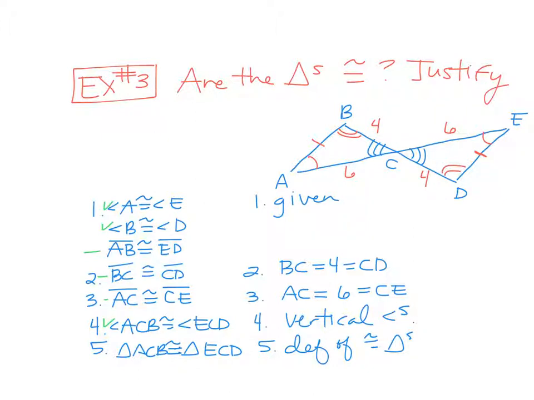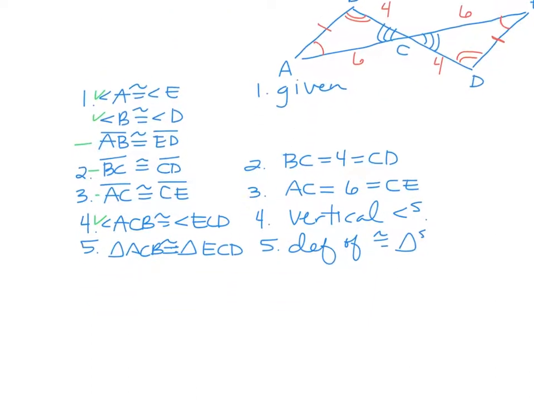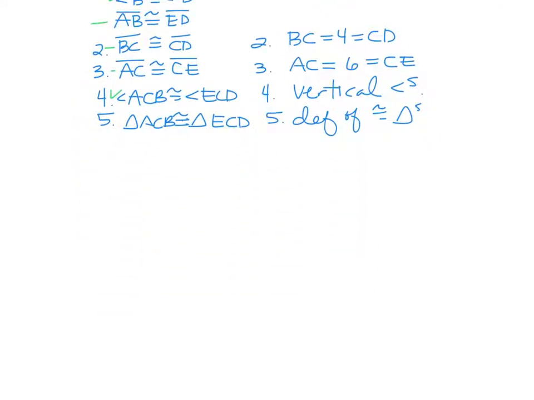Okay, I have one theorem and one more proof, and then we're done. So the theorem we're going to talk about right now is called the third angles theorem. And you'll use this one from time to time. The beauty of it is the name kind of tells you what you're working with. Basically what it says is if 2 angles of one triangle are congruent to 2 angles of another triangle, then their third angles are congruent as well.